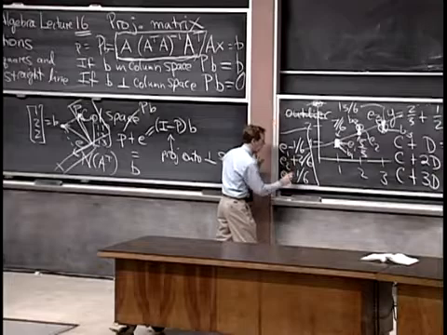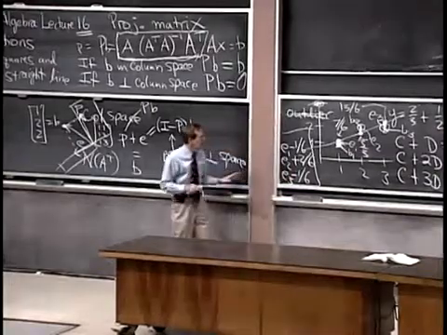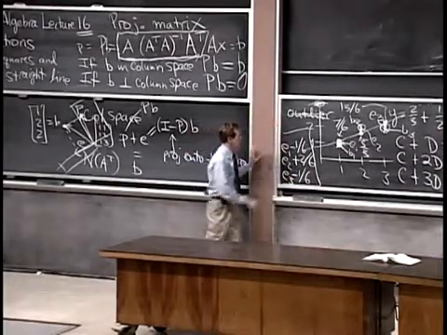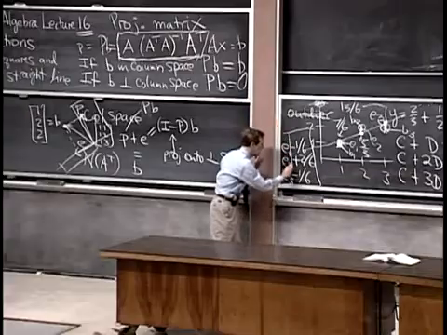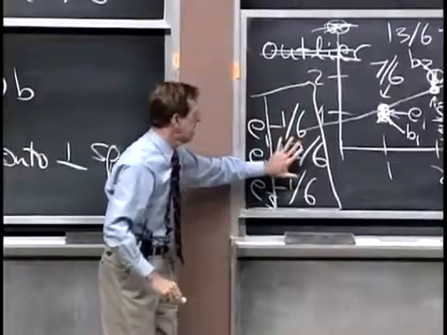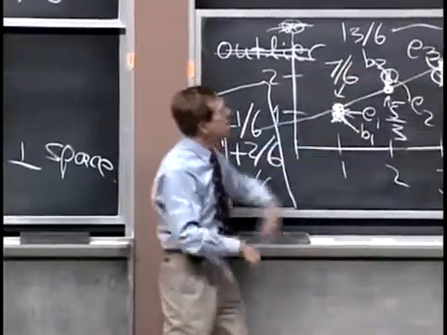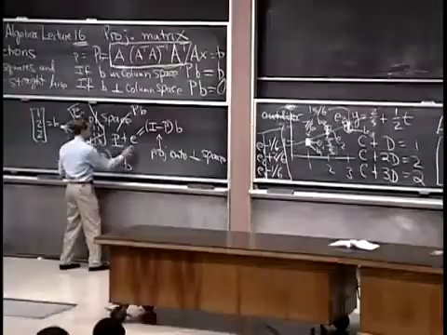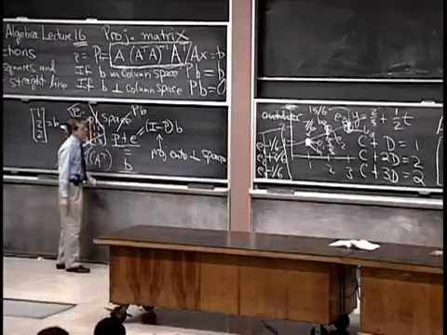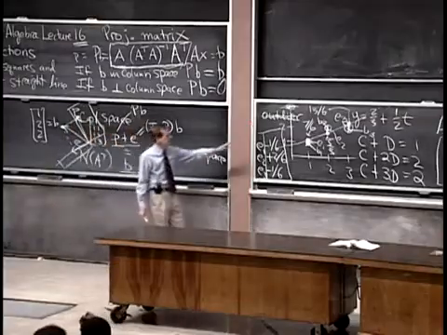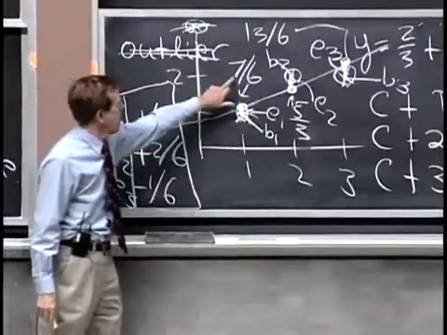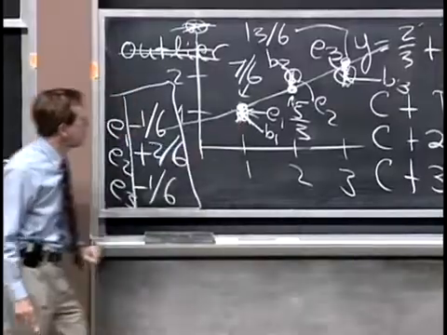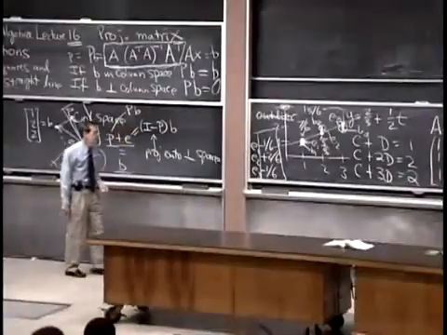Let me fix them, because I would like this plus the P to give the original B. I want P plus E to match B. So I want minus 1/6 plus 7/6 to give the correct B equal 1. Okay.